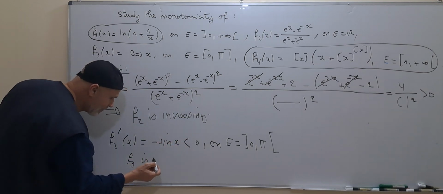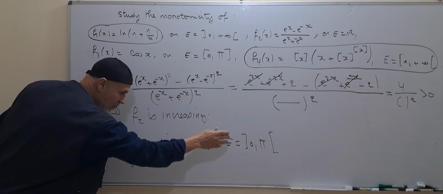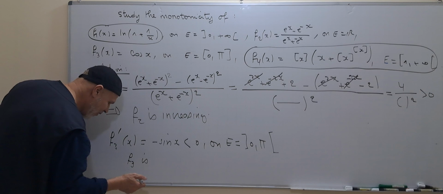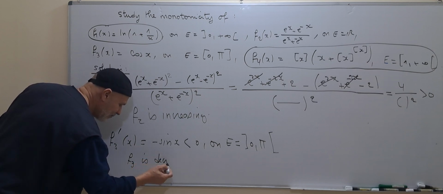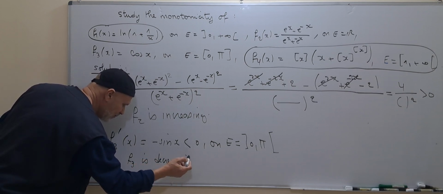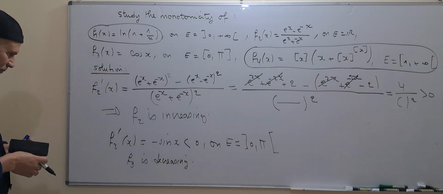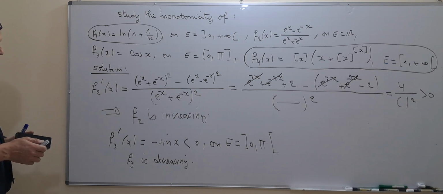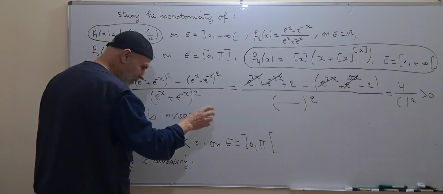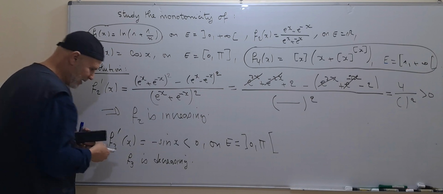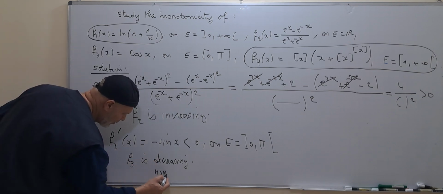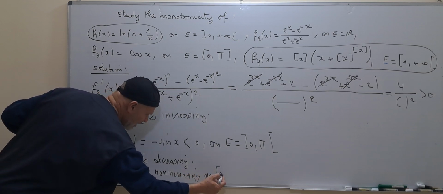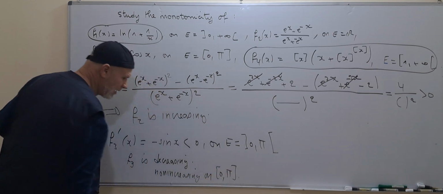So f3 is decreasing on 0 to pi. If we take 0 and pi in the interval, it will be non-increasing on 0 to pi.